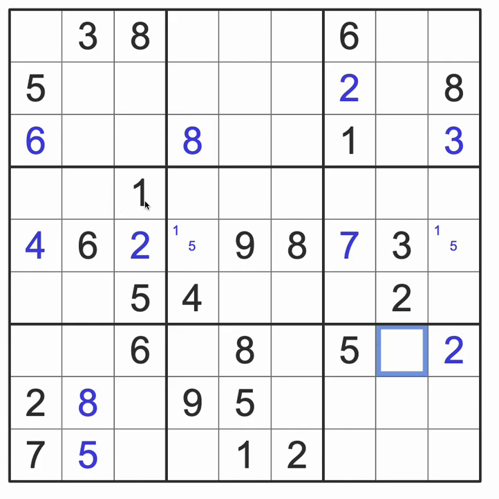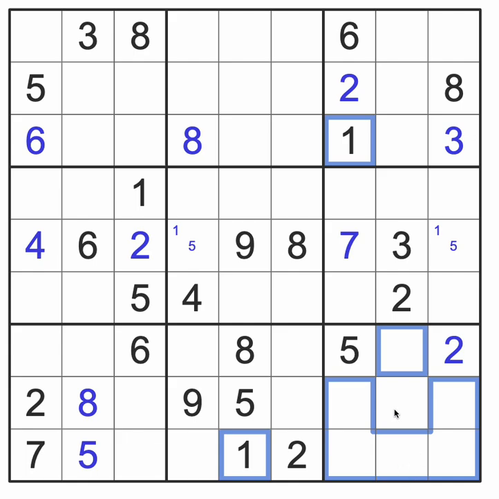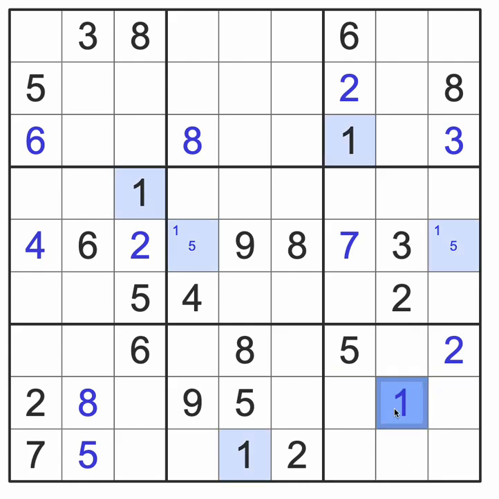And next I will look at box 6, where this one blocks this one blocks this cell. So 1 in box 6 will be here or here. So this cannot be 1, and this cannot be 1. This one blocks these. This one blocks here. That gives me 1 here.